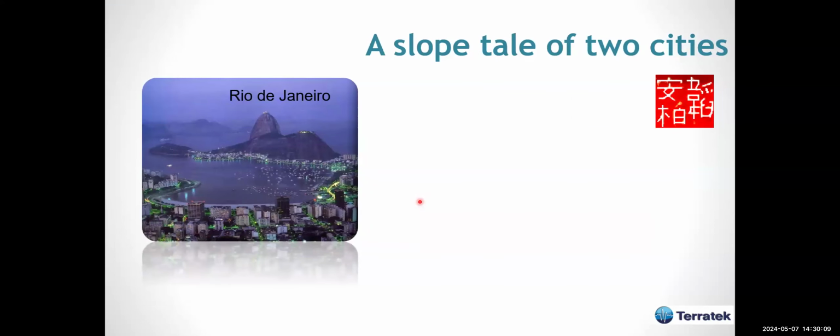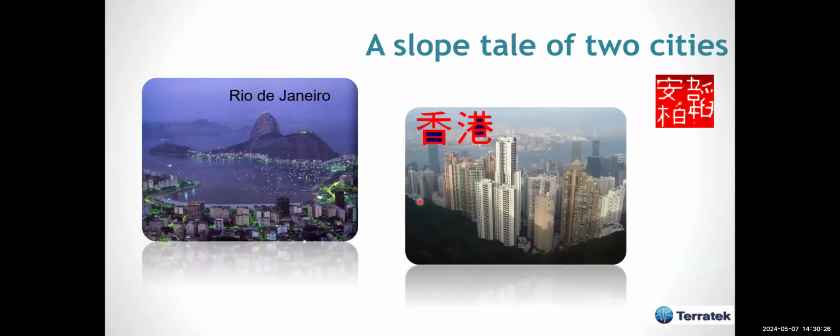Now I'm going to talk a little bit about some slides I have seen in Rio and Hong Kong and how they compare. I call this a slope tale of two cities. There is a chapter of the book devoted to this experience. As you see here, Hong Kong and Rio are sister cities in terms of slopes, because it's a narrow piece of land squeezed in between the sea and the mountains.